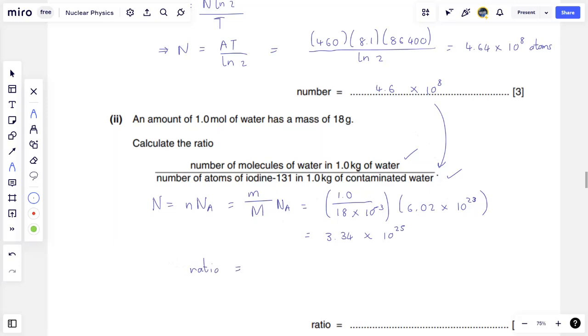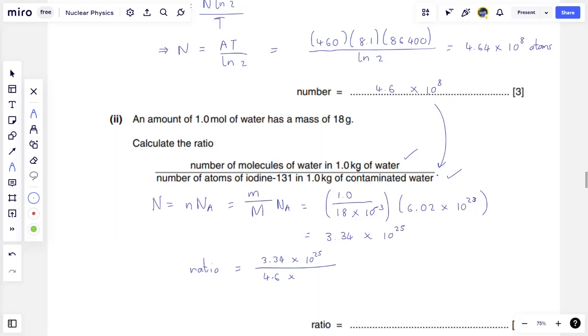This ratio is 3.34 times 10 to the power 25 divided by 4.6. We can even add an extra significant figure for the calculation.